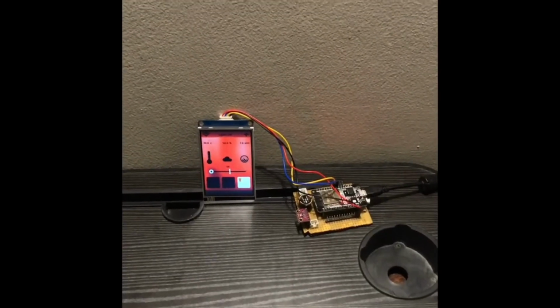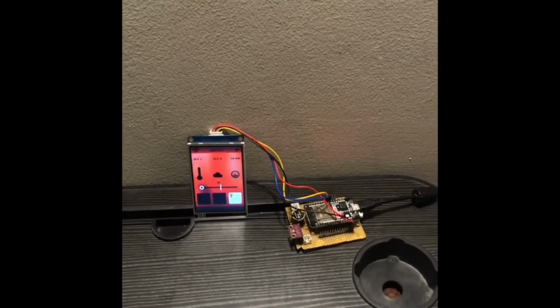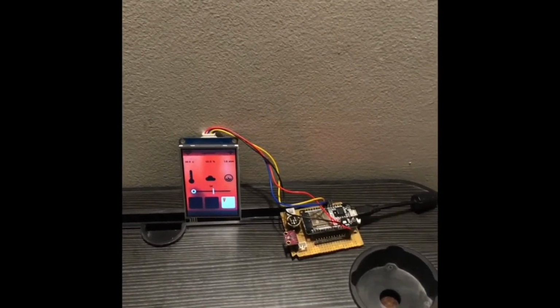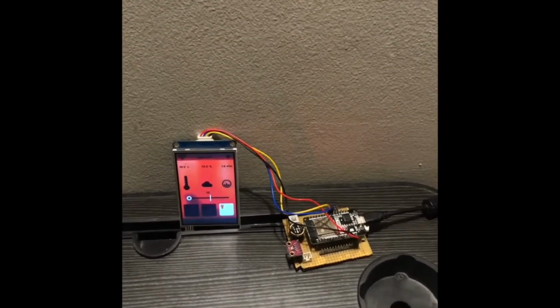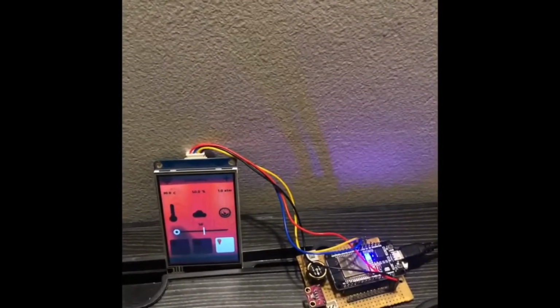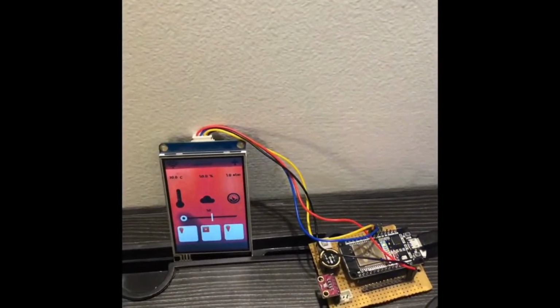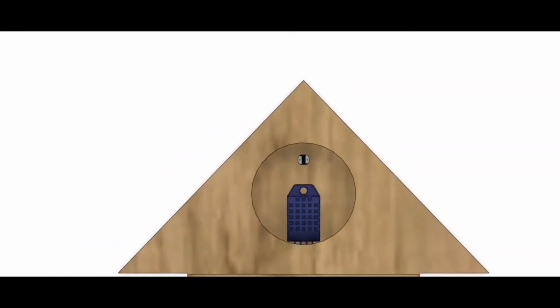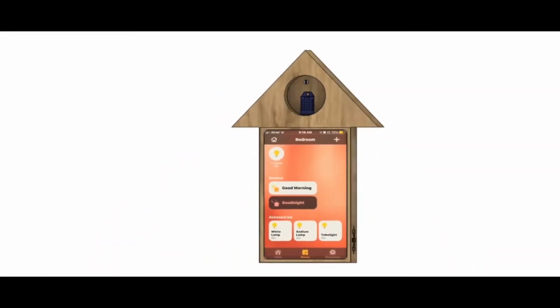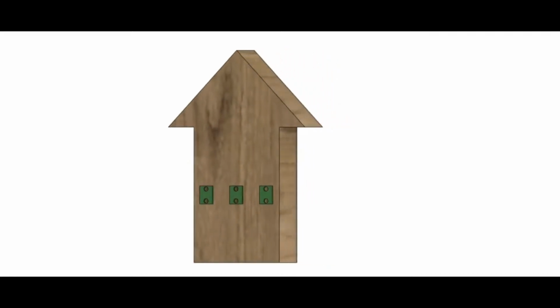Sometimes it may happen that none of your devices are close to you and you want to control your appliances through voice commands. Let's try that. Marvin, switch on all the lights. We have also created a 3D mockup of our final prototype using Fusion 360.